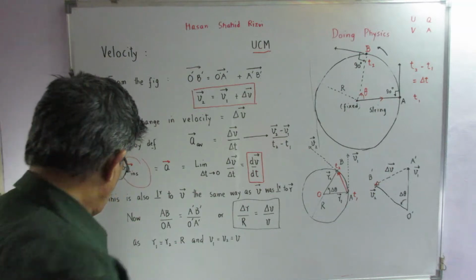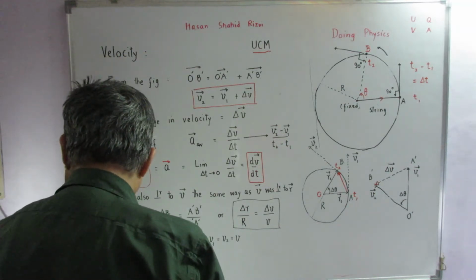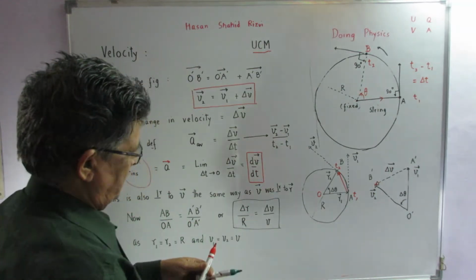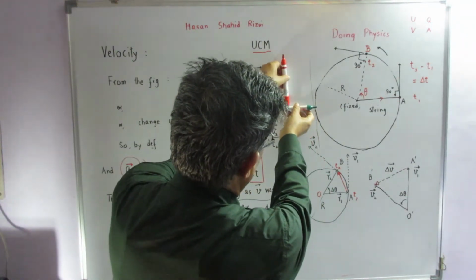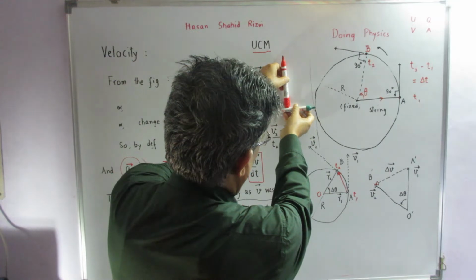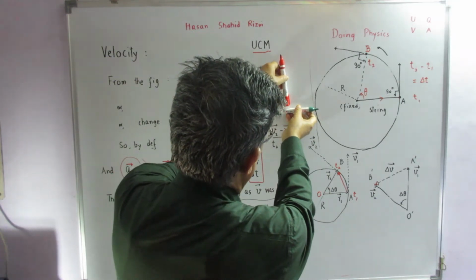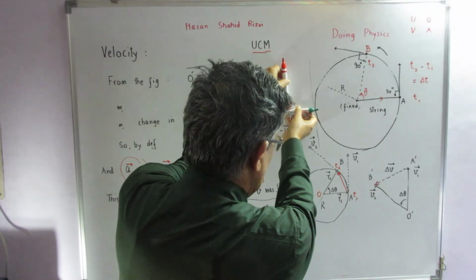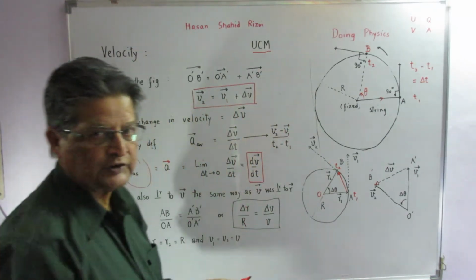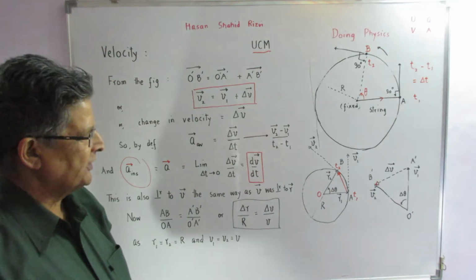I told you that the relation between the two of them is that if this is the displacement, then the velocity is at an angle of 90 degrees ahead of it, so it leads it by 90 degrees.